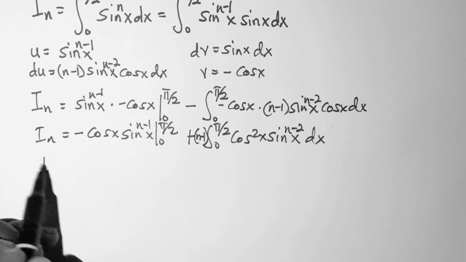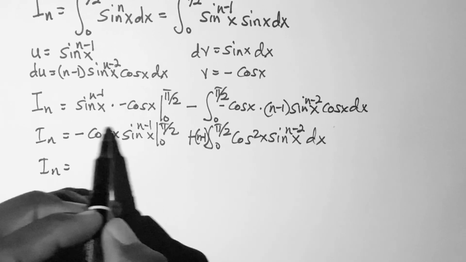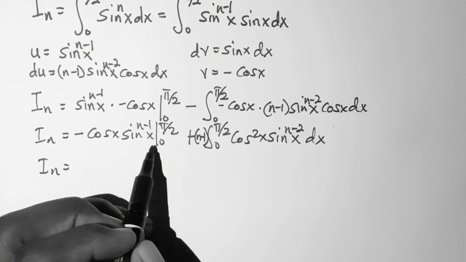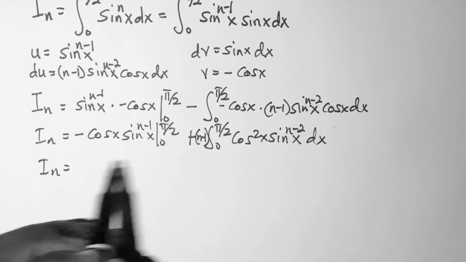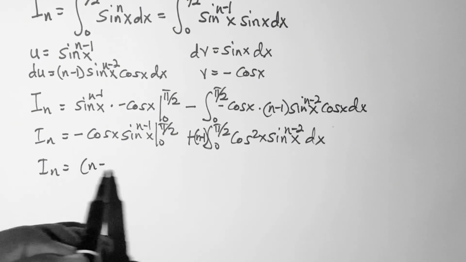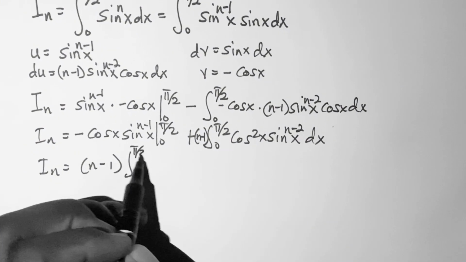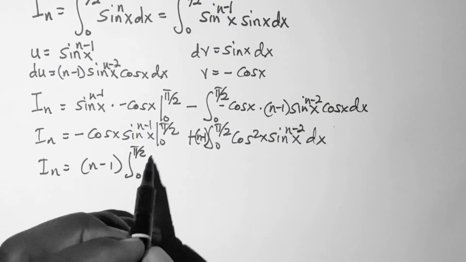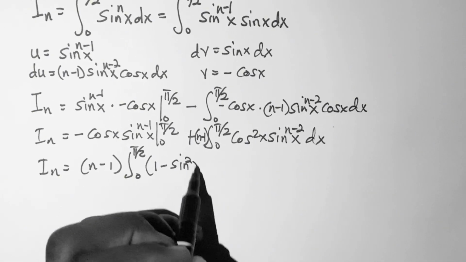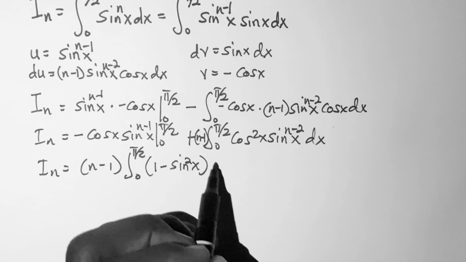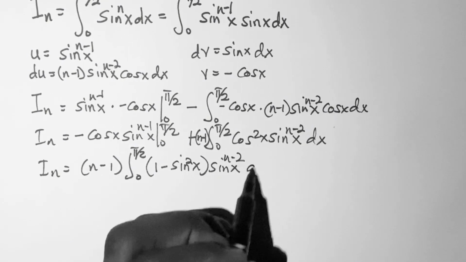Now, if we put in pi on 2, cos pi on 2 is 0, and if we put in 0, sine 0 is 0. So all of this goes away. We are only left with n minus 1 times the integral 0 to pi on 2. However, cos squared x is the same as 1 minus sine squared x, then times sine x exponent n minus 2, then dx.